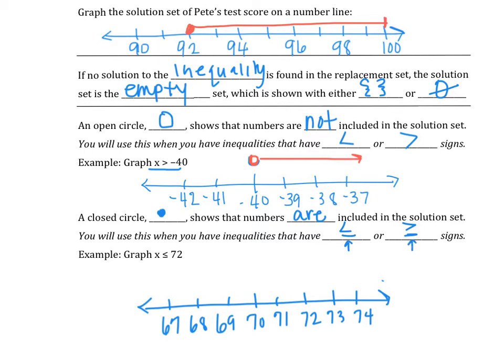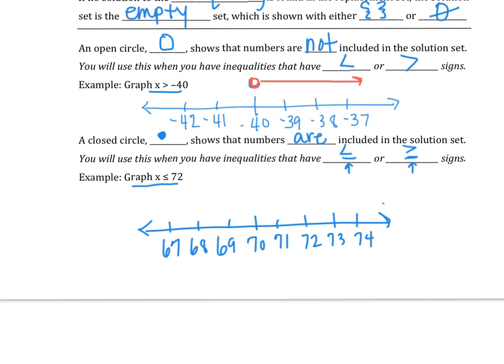So it would mean a closed circle right above that number. If we were to graph this, it would look like this. So it is x is less than or equal to 72. Right above our 72, that's going to be a closed circle because that number could also be included. And then it's everything less than that.